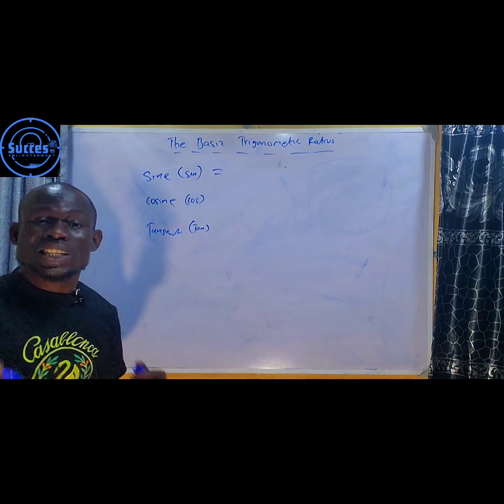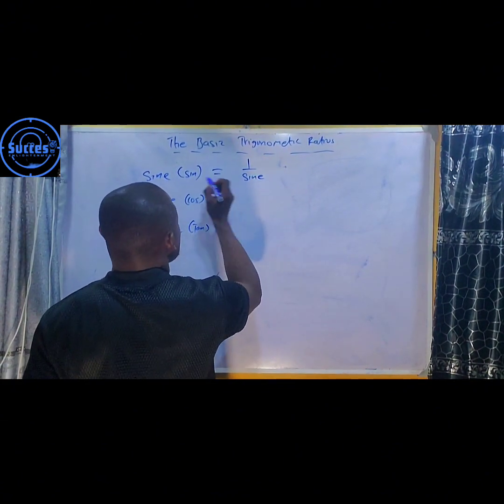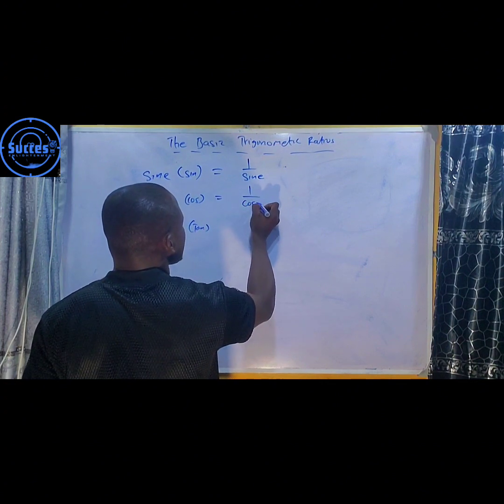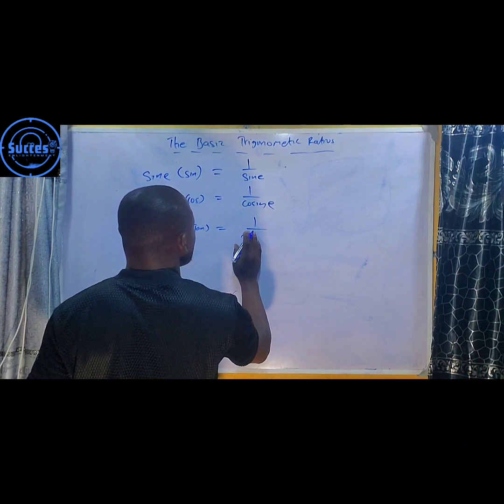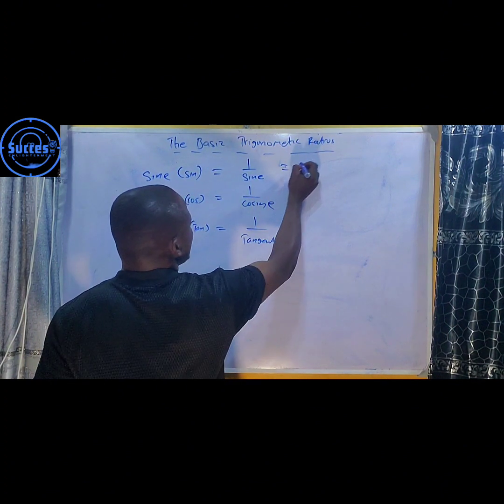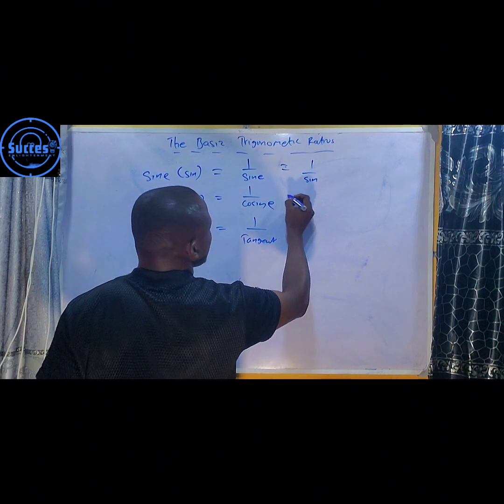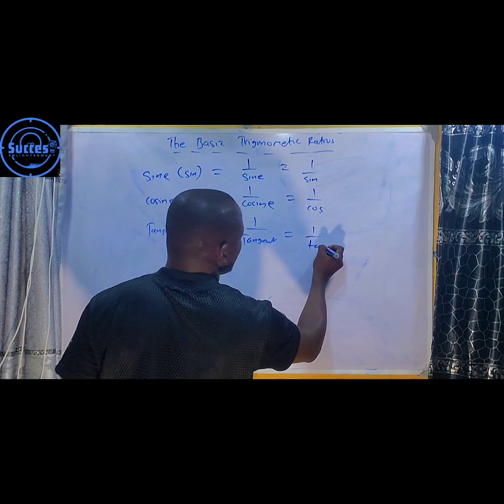The reciprocal of sine will be 1 over sine, the reciprocal of cosine will be 1 over cosine, and the reciprocal of tangent will be 1 over tangent.